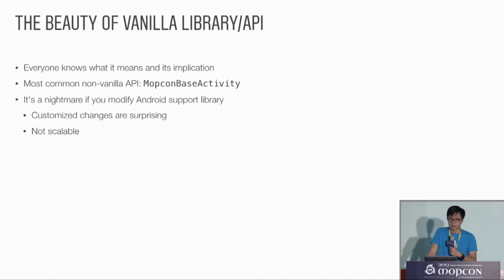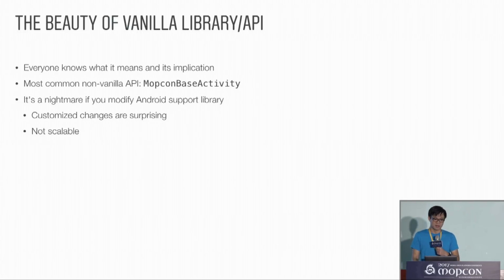Another principle to write quality code is to use vanilla library or vanilla API as much as possible. And why is that? Because everyone knows what it means and everyone knows its implication. So take the MOPCON app as an example.